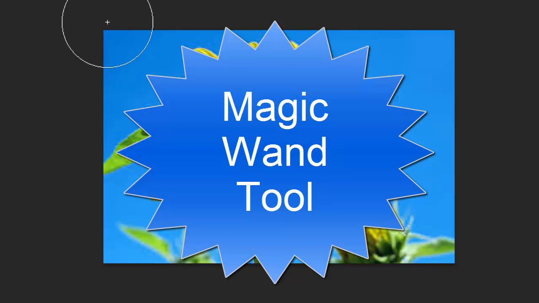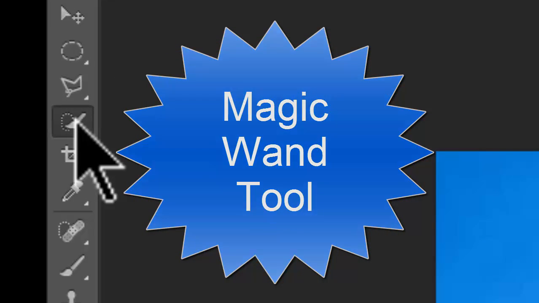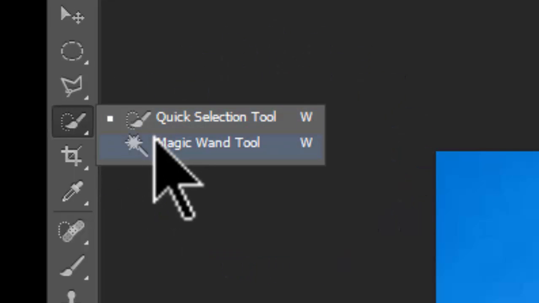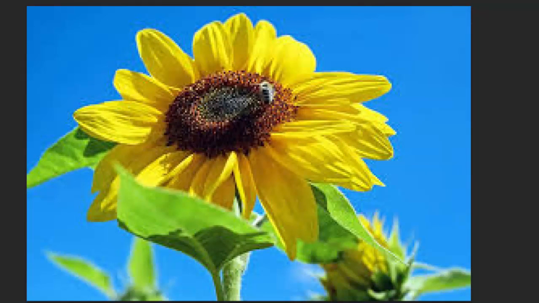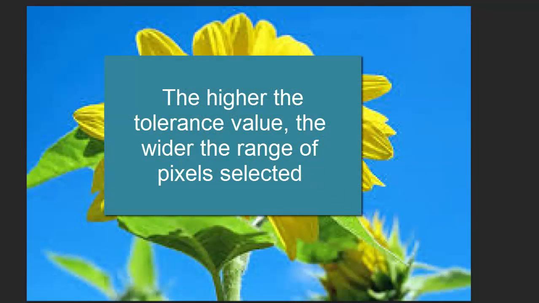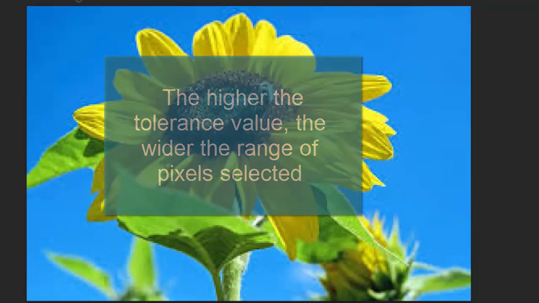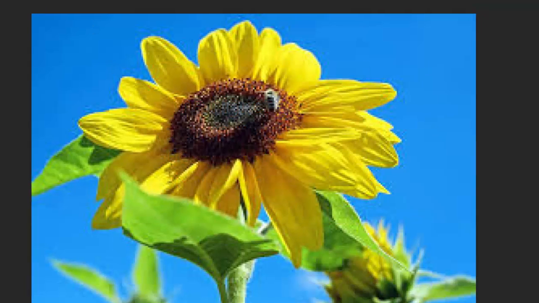Okay, what about the magic wand tool? Well, first of all, I need to go choose it, so I'm going to click and hold and then select my magic wand tool. Now, the magic wand tool is all about selecting an area based on the similarity of pixel color and brightness. So, take a look at my control panel now.